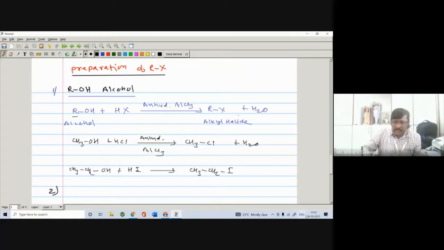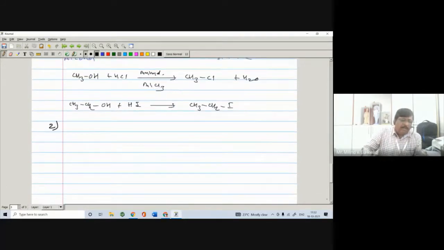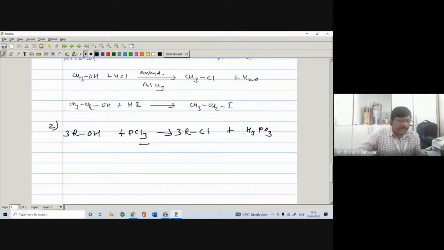Number two. Alkyl halide can also be prepared starting from alcohol ROH by reaction with PCl3. Here there are three Cl, so you can use 3 molecules of alcohol, and you get 3 molecules of RCl plus H3PO3.